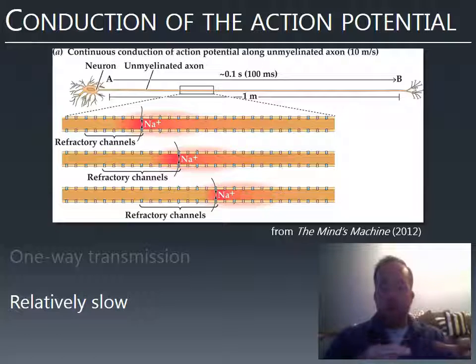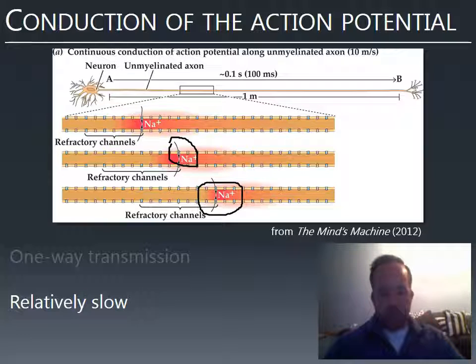It's going to depolarize all the sodium channels nearby and open them up. Sodium is going to flow in there, and of course that's going to depolarize the next section. So the positive charge propagates down that way, and it just keeps on going down the axon because the positive charge flowing in at one location opens the sodium channels at the next location. So that's how an action potential moves down the axon.